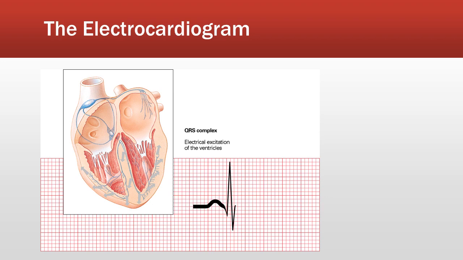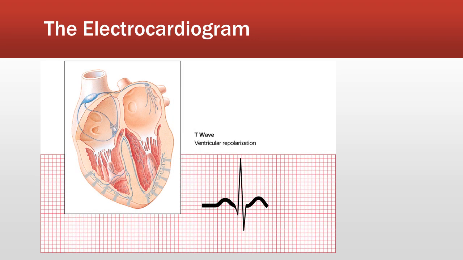Then we have ventricular depolarization, showing the QRS complex. The T wave, like we said, represents the ventricular repolarization and recovery from this massive squeeze called the QRS complex.